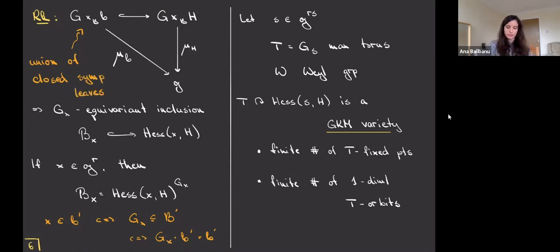So the Hessenberg family is stratified by symplectic leaves, and the ones of minimal dimension are going to be closed, and they're going to exactly form this Grothendieck-Springer subfamily.